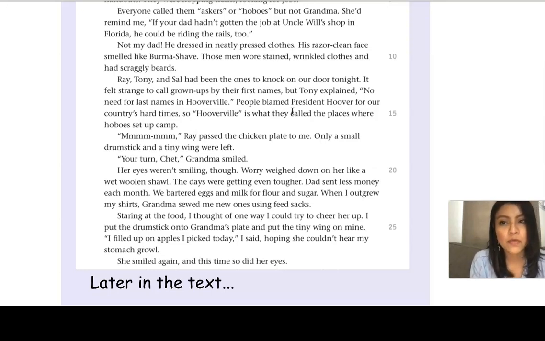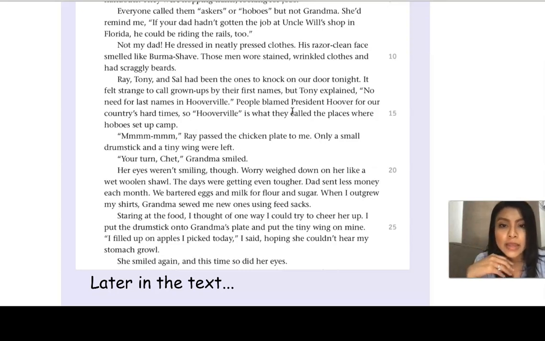People blame President Hoover for our country's hard times, so Hooverville is what they call the places where hobos set up camp. Ray passed the chicken plate to me. Only a small drumstick and a tiny wing were left. Your turn, Chet, Grandma smiled. Her eyes weren't smiling though. Worry weighed down on her like a wet woolen shawl.